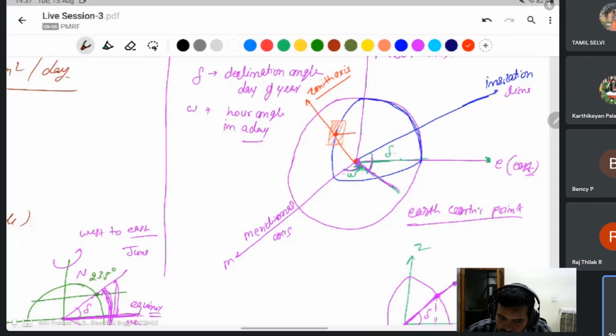And from here, 90 degrees, I have taken the east, and this will be south. The tangent of the earth is known as the south.